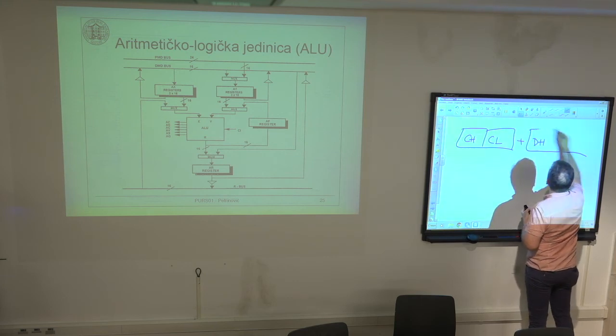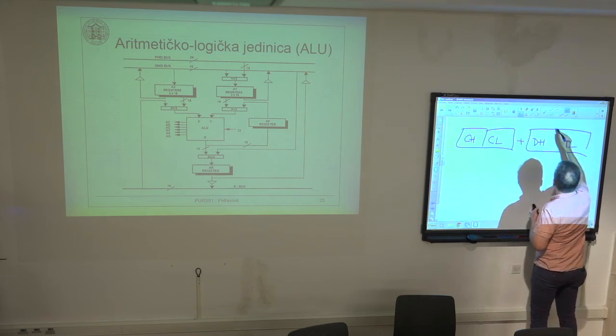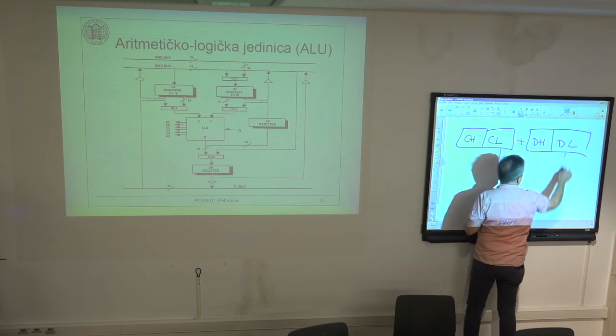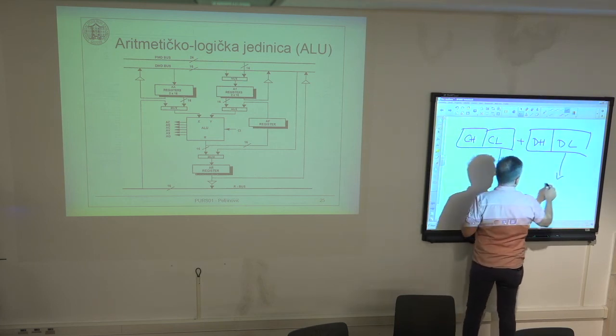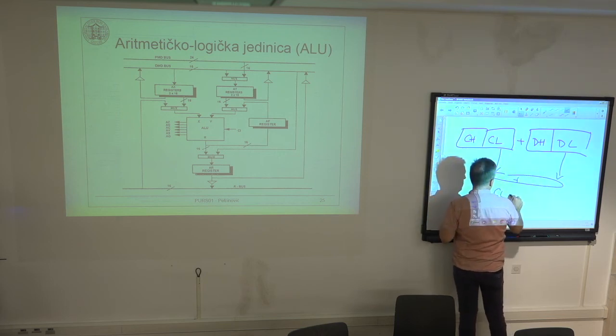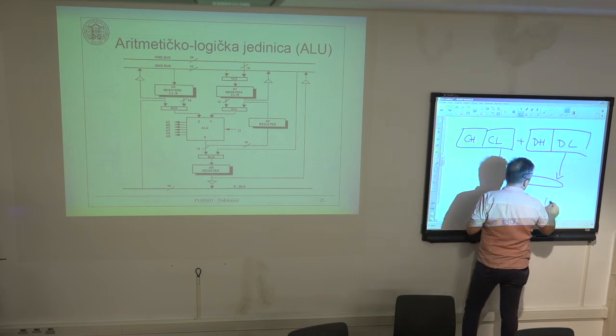How do I do it? I first take the lower words and add them together, CL plus DL, and store this to result low.